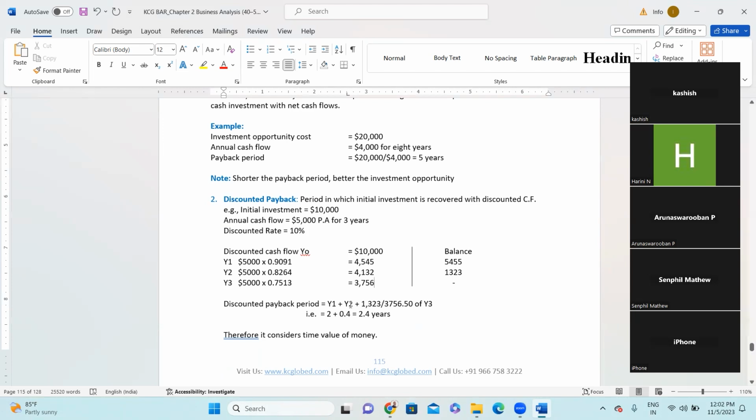So discounted payback period is year 1 plus year 2 plus 1323 divided by 3756. So in year 3, 4 months it will take. So 2 years, 4 months will be taken to recover the entire investment. Make sense? Yes, sir.